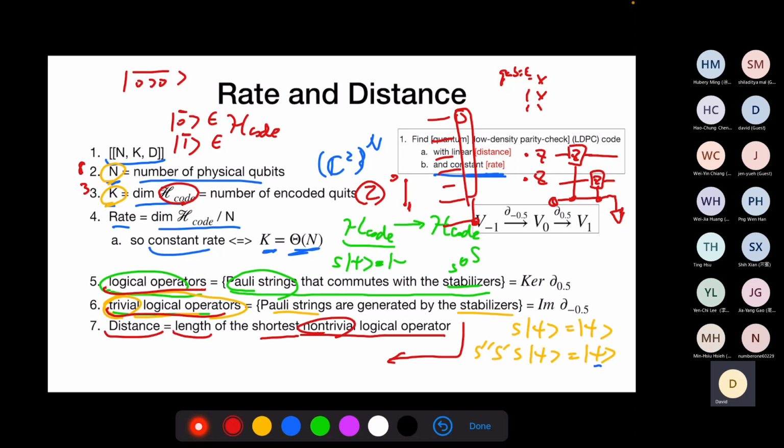Stabilizers only act on, for example, 4 qubits or 6 qubits, so we have to remove them. That's why we have non-trivial here. For the goal, we want the distance to be really large, linear in the number of qubits.